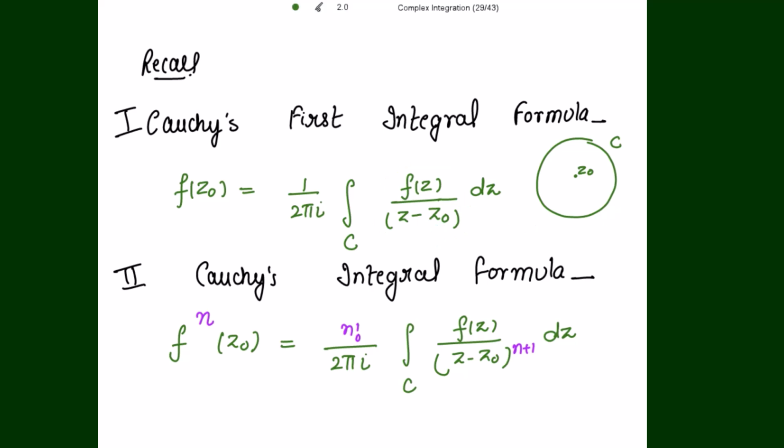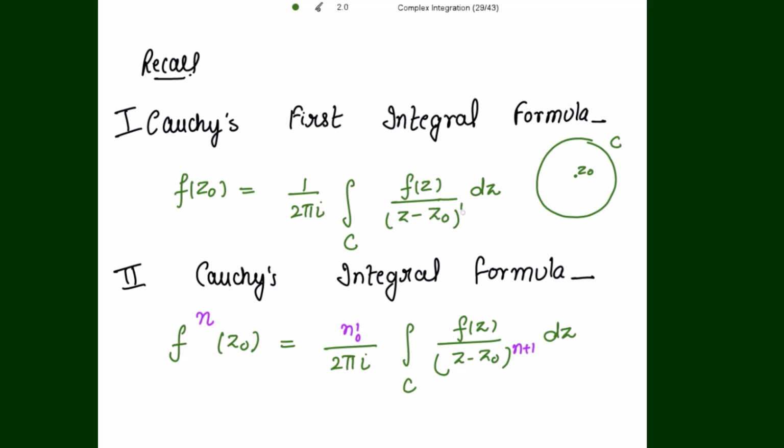So the formula is f of z0 equal to 1 over 2 pi i integral of f(z) over z minus z0 over C dz, right? If you notice over here, the power of the denominator is 1, so we apply the Cauchy's first integral formula for this.